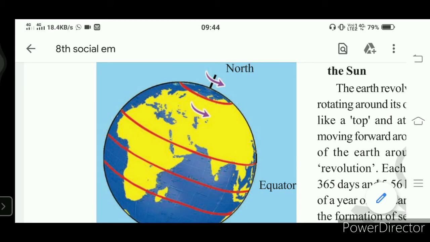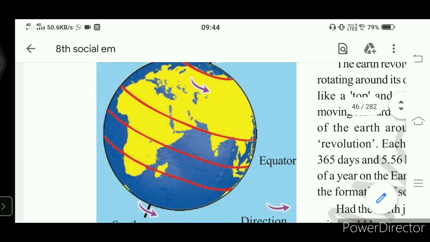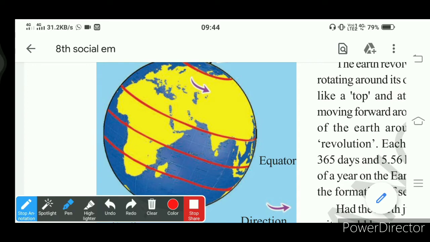Solar rays, when they strike the earth's surface, fall straight in portions which face directly and fall at an angle as we move away from the portion where it is facing direct. Look, my dear students, here the sun rays fall vertically, directly, right?